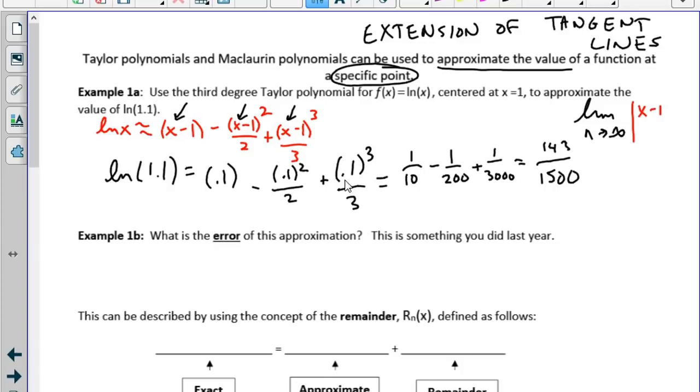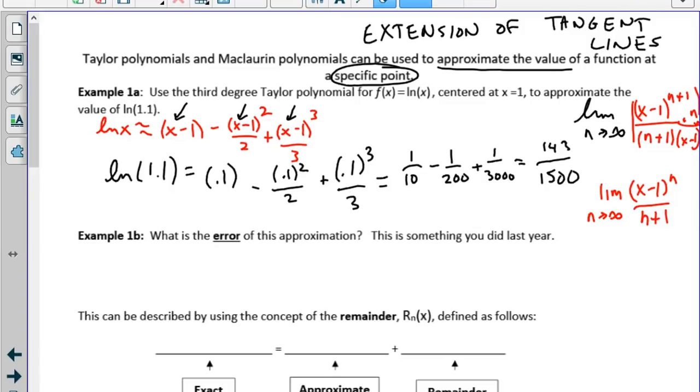So I have x minus 1 to the n plus 1 over n plus 1 times n over x minus 1 to the nth power. Sorry, that's all over on the side, but that simplifies to the limit as n goes to infinity of x minus 1 times n over n plus 1.